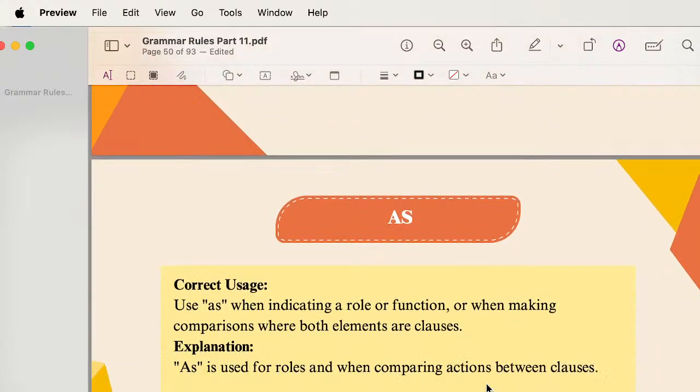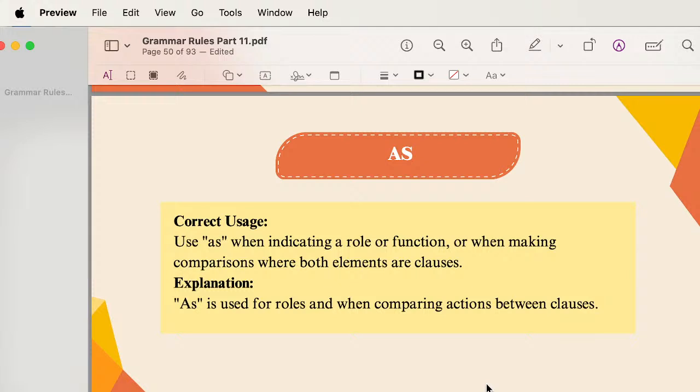Now I have seen a lot of you making mistakes while using as and like. So let's see how you can avoid it. Use as when you're indicating a role or function, or when making a comparison where both elements are clauses. Clauses means sentences, not exactly sentences, but two different sets of words.